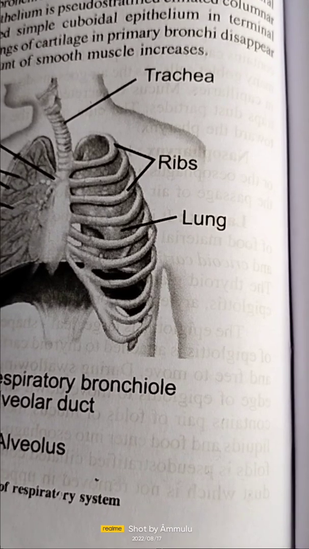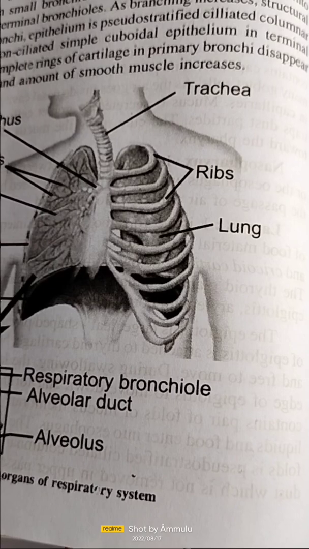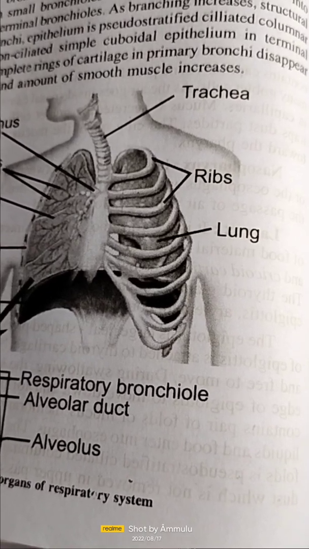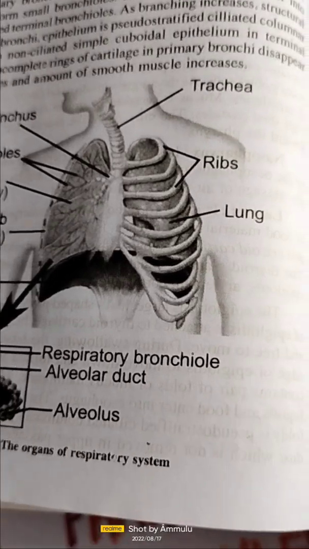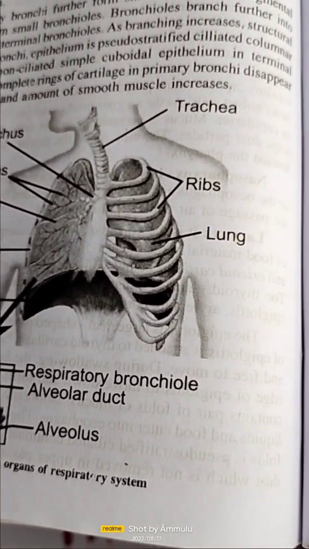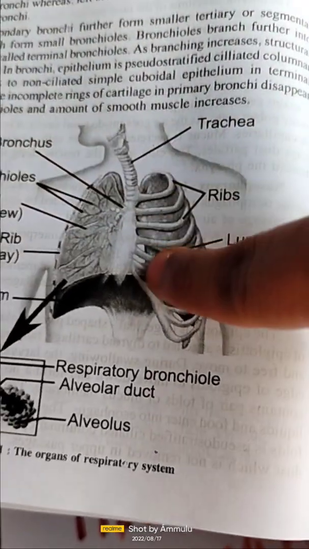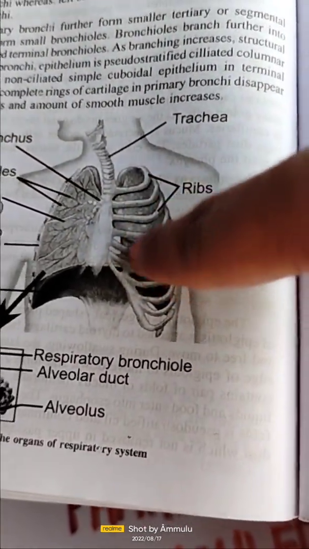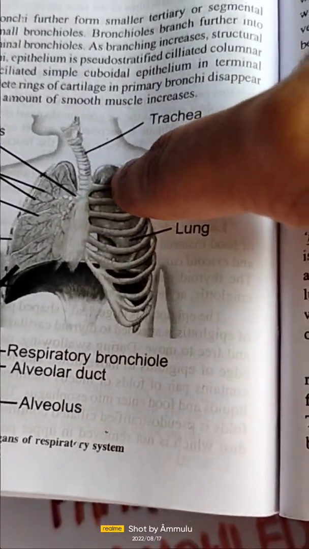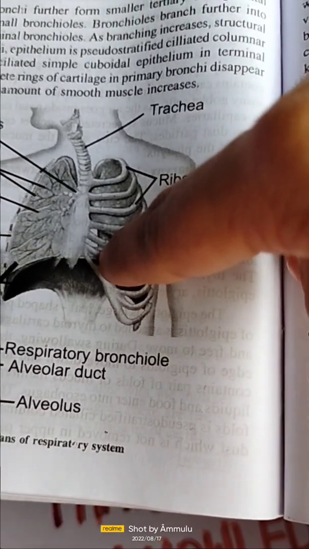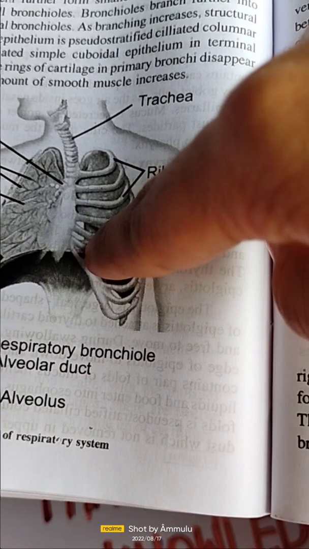The lung is covered by a double serous membrane called the pleura. The layer closely attached to the lungs is known as the visceral layer, and the free layer on the thoracic wall is known as the parietal layer.